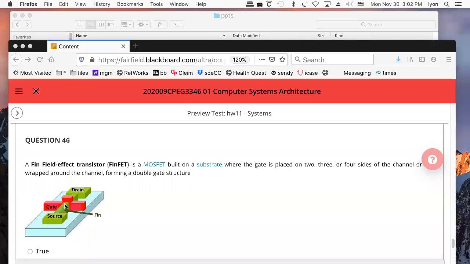That gate essentially can apply a small amount of voltage in order to keep the source from moving electrons to the drain. These 3D structures are what they call the fins right in through here. And so this is creating a new kind of transistor.